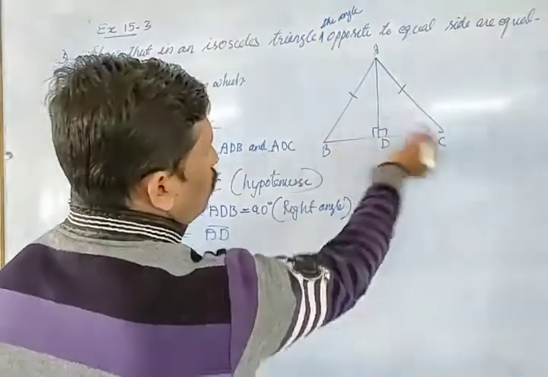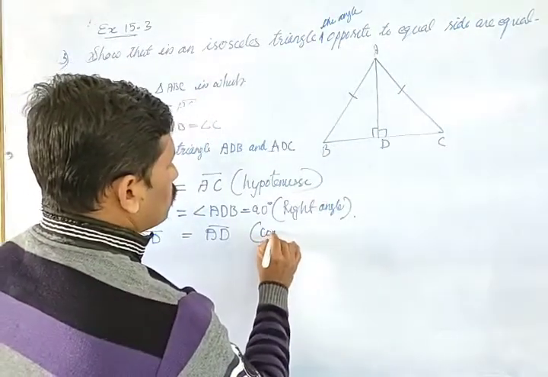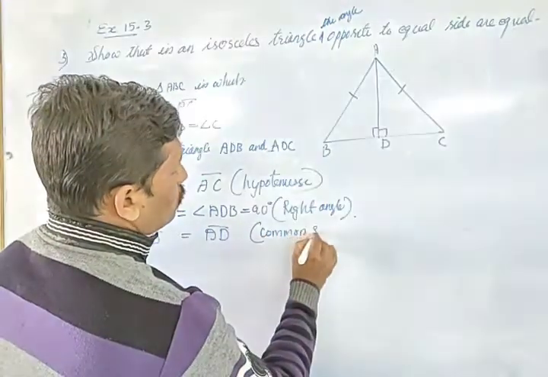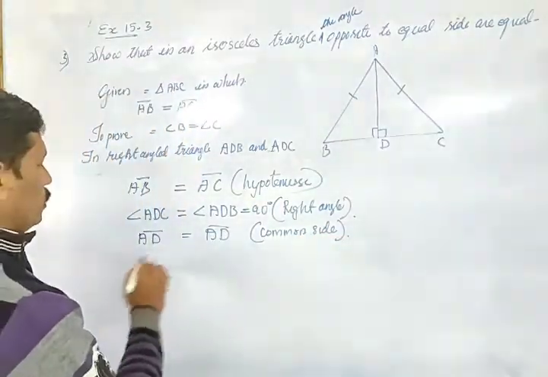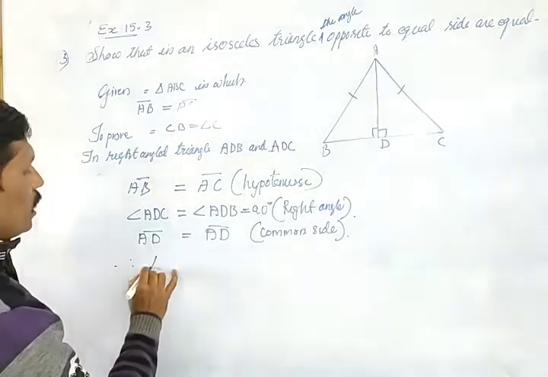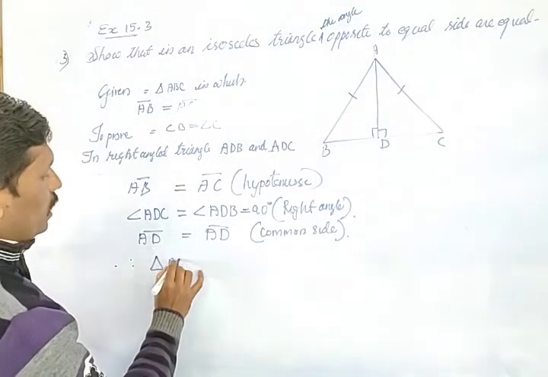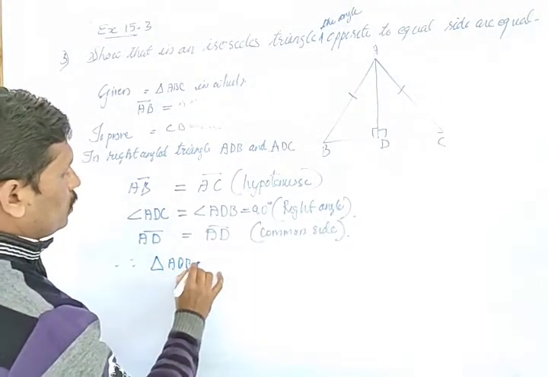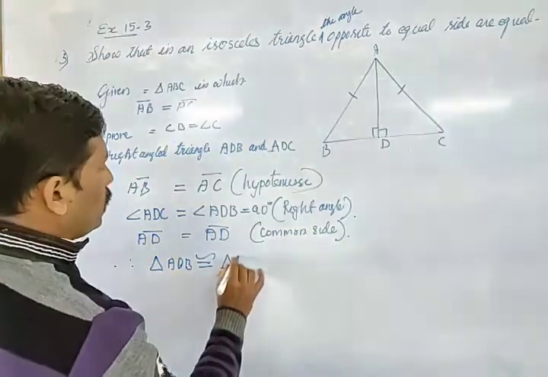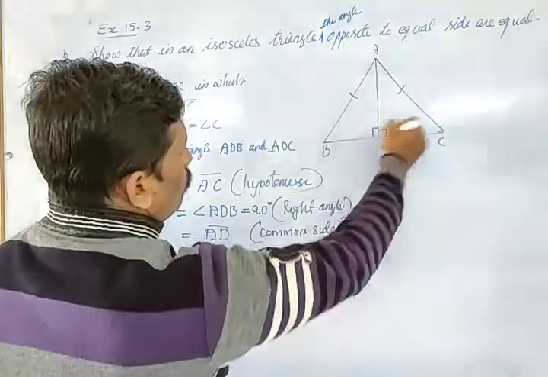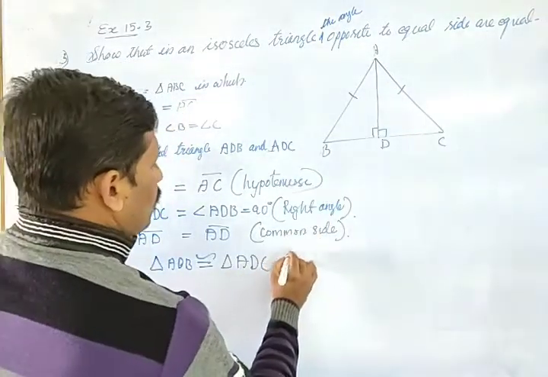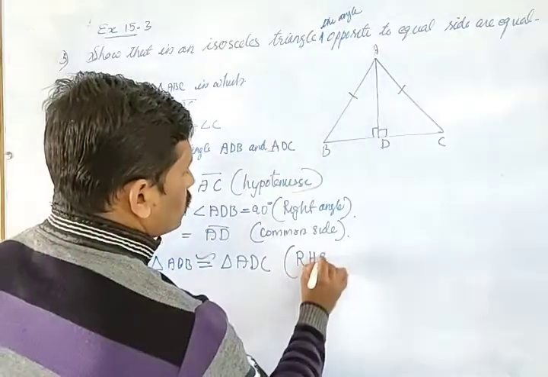This AD is common for both, common side. So we have proved that, therefore, triangle ADB is congruent to triangle ADC. That means triangle ADB is congruent to triangle ADC by which condition? RHS condition.